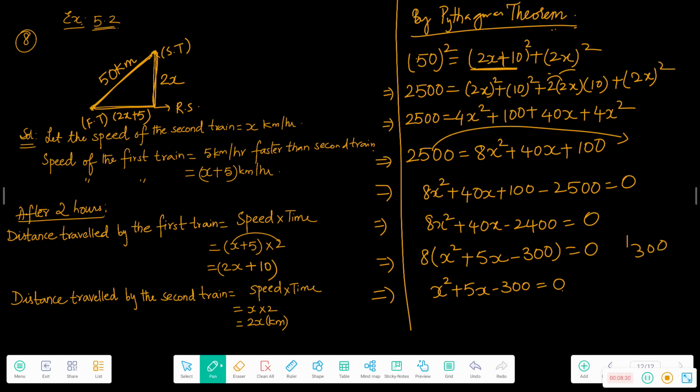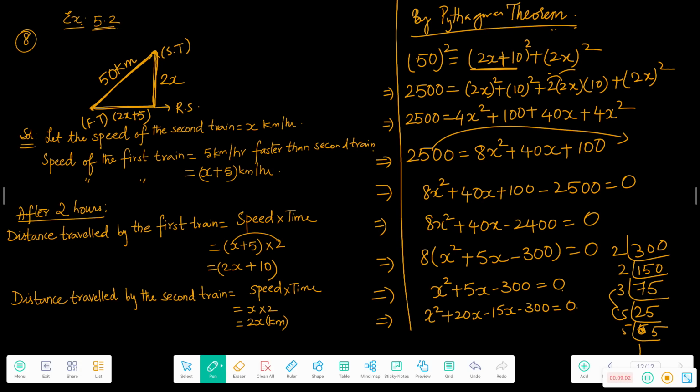So for 300, do the prime factorization: 150, 2 times 75, 3, 25, 5, 5, 5, 1. And we will get the factors as 20x and 15x. So x square plus 20x minus 15x minus 300 is equal to 0.